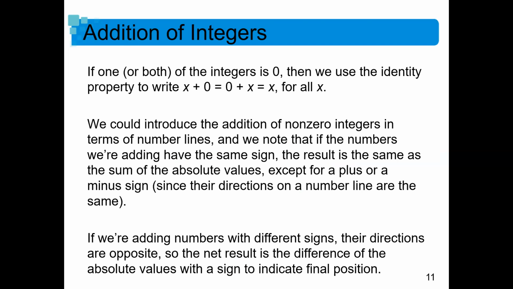And we note that if the numbers we're adding have the same sign, the result is the same as the sum of the absolute values, except for a plus or a minus sign, since their directions on a number line are the same. If we're adding numbers with different signs, their directions are opposite, so the net result is the difference of the absolute values with a sign to indicate final position.